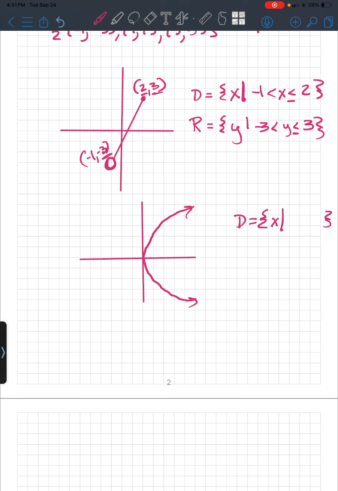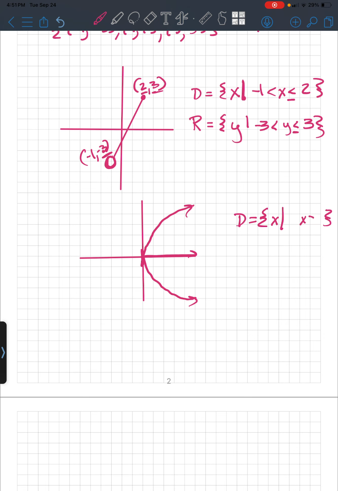Remember, domain is an x. So my x's start here, and they go forever this way. So it starts at 0, and it goes forever. There's not going to be a least and a greatest. There's only going to be a least. So x is greater than or equal to 0 because there's no open. It actually hits 0. And that's my answer on the domain.